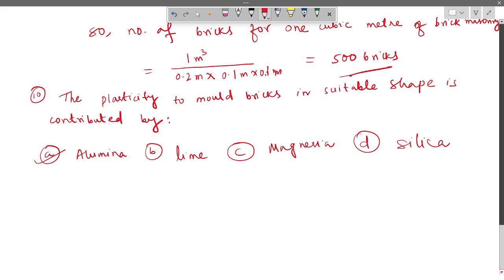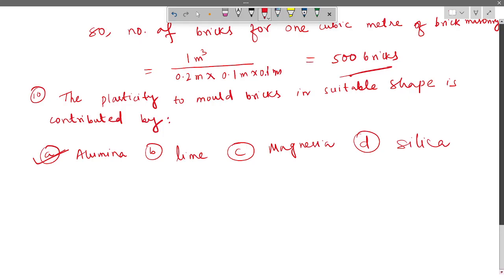It absorbs water and imparts the plastic quality so that the brick can be molded. Alumina gives the plasticity to the brick, so it can be molded to any shape. So the answer will be A. Note it down.